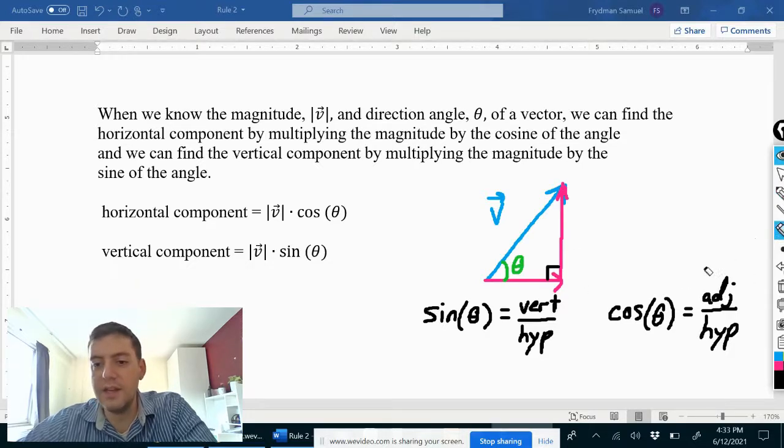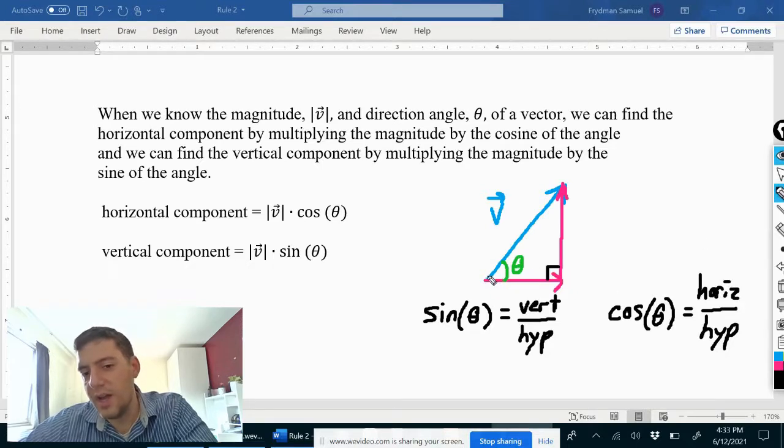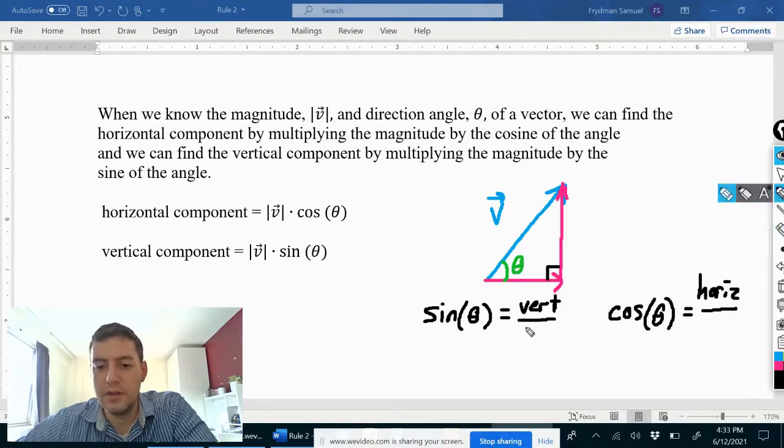And we can see that the adjacent side over here is the horizontal component of the vector. And we can also see that the length of the hypotenuse is just the magnitude of the vector itself. So we can replace the hypotenuse there with the magnitude of vector v.